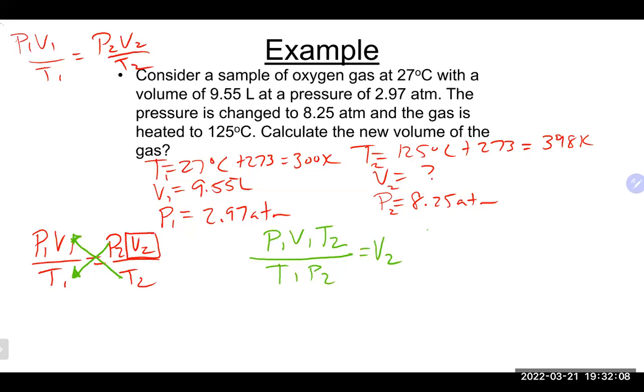Any questions on that there? Again, basically what we're doing is multiplying T2 to both sides, and we're dividing by P2 on both sides. That hopefully helps us get everybody in the right location.